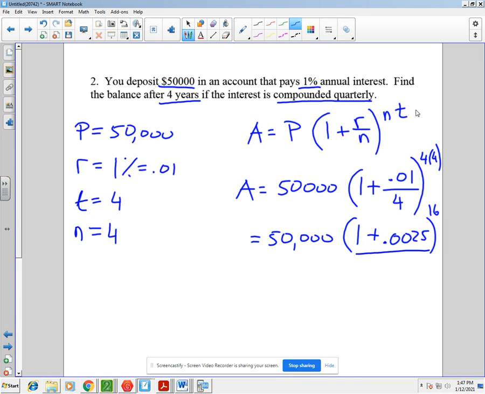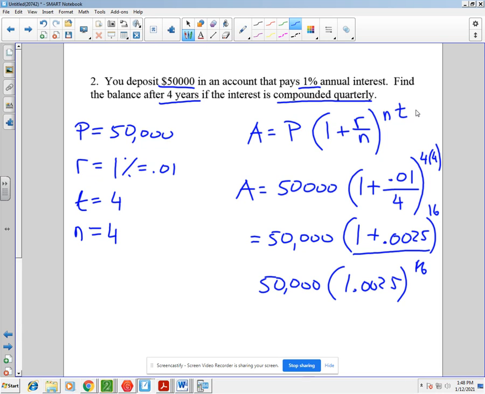If you add the two numbers over here, you get 50,000 times 1.0025 raised to the 16th. Again, how do I do 1.0025 to the 16th power? You just cannot do this manually 16 times because it would be 1.0025 times 1.0025 and so on.